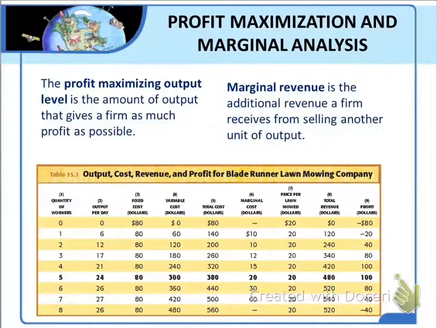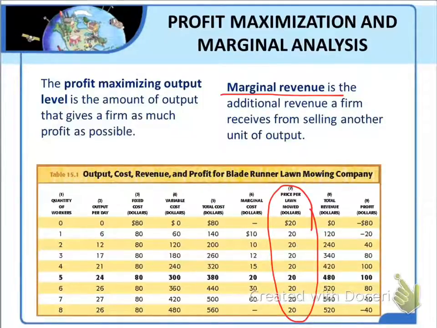The additional revenue a firm receives from selling another unit of output is called the firm's marginal revenue. For price-taking firms like Blade Runner in perfectly competitive markets, the price is the same no matter how much output they produce, and the marginal revenue is simply the price of each unit. That is, Blade Runner's marginal revenue is $20 right here, no matter how many lawns it mows.